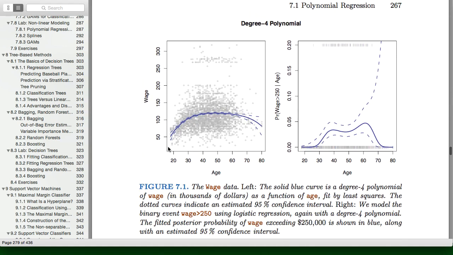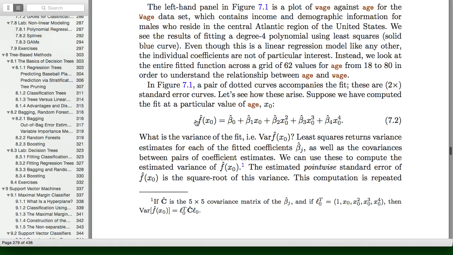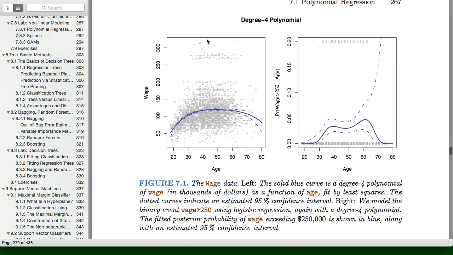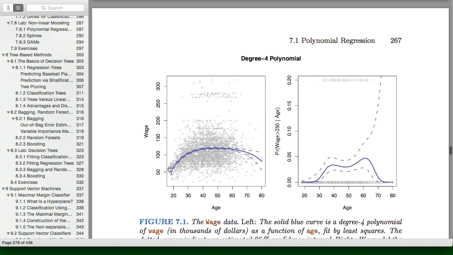And here's an example. So here's the wage data. So this is age being used as a predictor of wage, and here's a polynomial of the fourth order. So this is age to the fourth power. Let's just look briefly at the model. Here's the full model right here. So it's beta naught plus beta 1 x plus beta 2 x squared plus beta 3 x cubed plus beta 4 x to the fourth. Okay, and that gives us this solid line, this curve here.